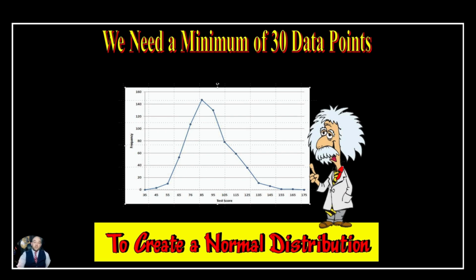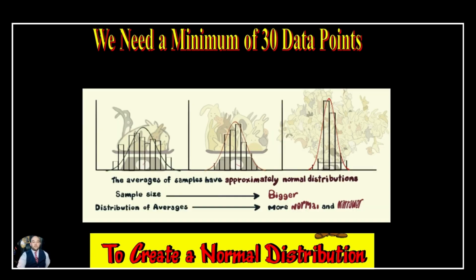And the reason being is if you look at this example here, as you start weighing the heights of bunnies or weights of bunnies, however you want to look at the data, the average of the samples have approximately a normal distribution. But the bigger your sample size gets, as you look in the background, the more distinct that average is going to become.